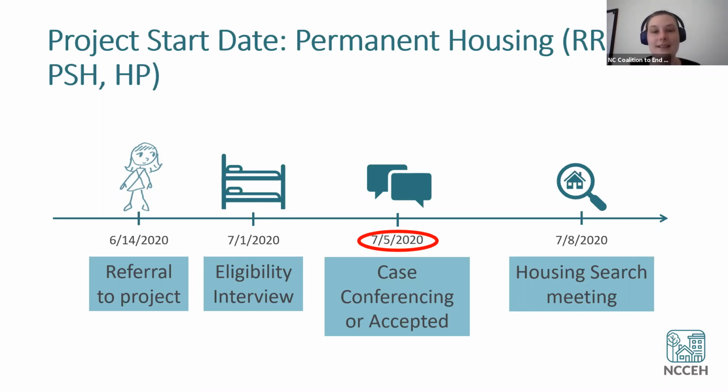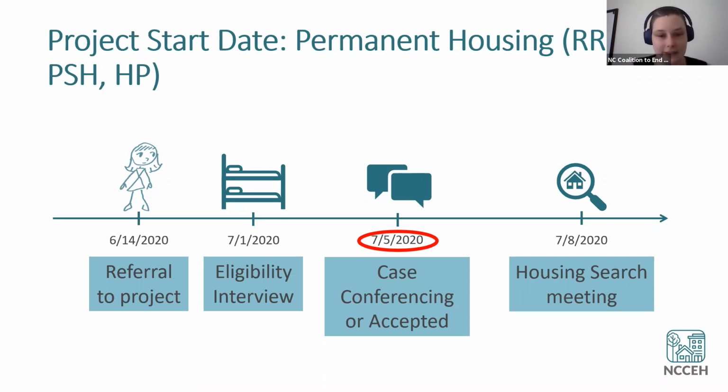Why? Because it's at that point that we have all the pieces we need. We've got the referral, we've got a sense of the eligibility, the client has participated in that eligibility conversation and accepted, and there's room because there was case conferencing and the project has accepted this new client, Henrietta. That is exactly right.